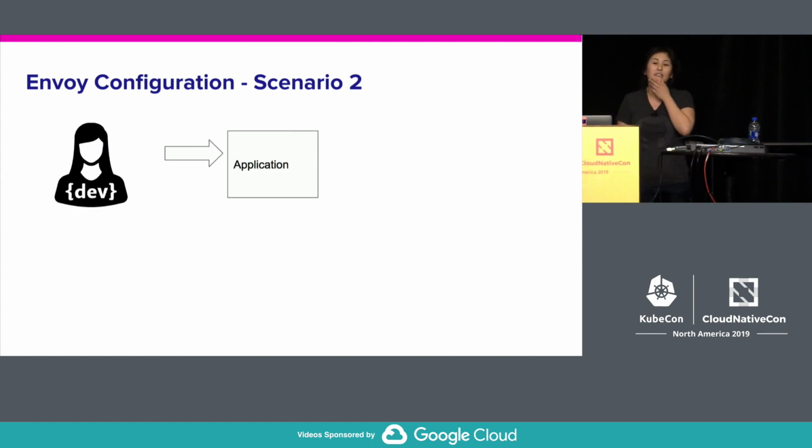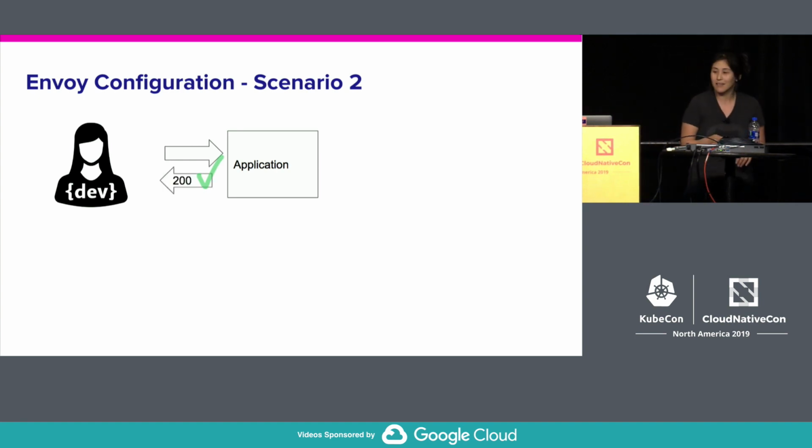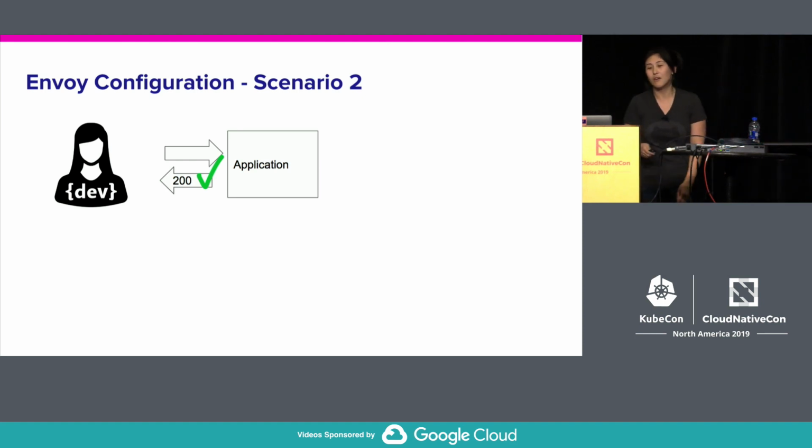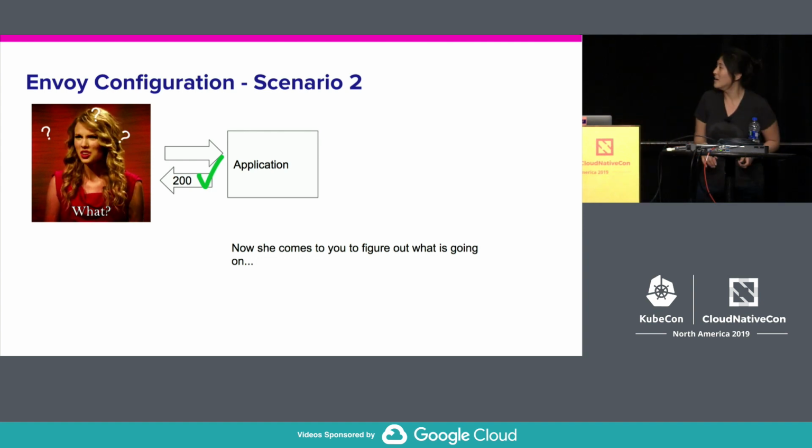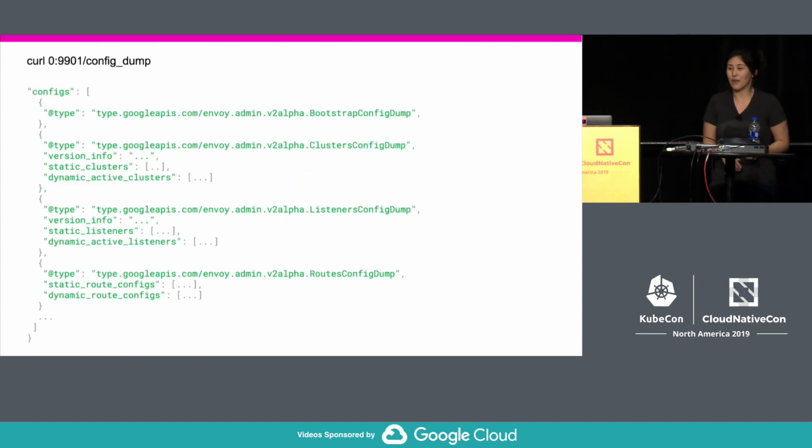So the application dev goes in and tries to triage this issue, and when she debugs the endpoint, and let's say this application is stateless, she gets a 200. She cannot repeat this 404 or reproduce this error whatsoever. So now she's confused and goes to the networking team, it must be a networking issue, goes to the front proxy, and so now it's your job to figure out what's going on.